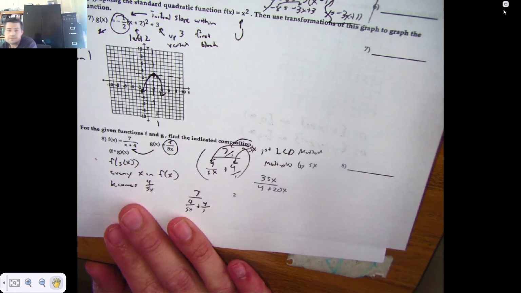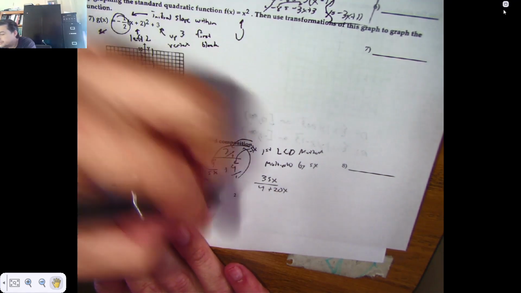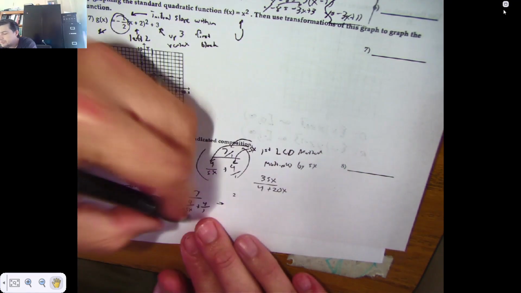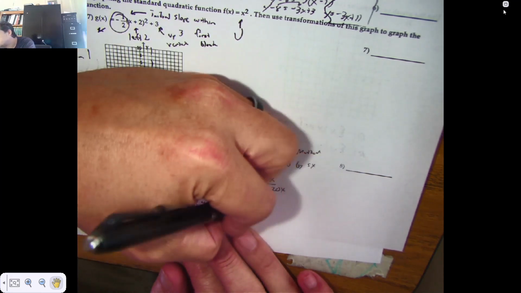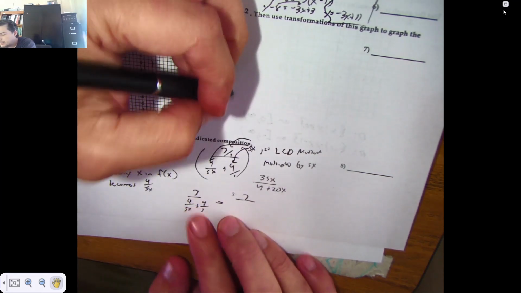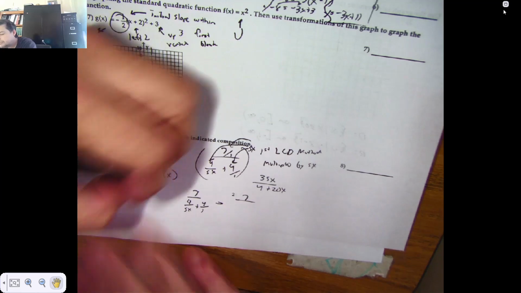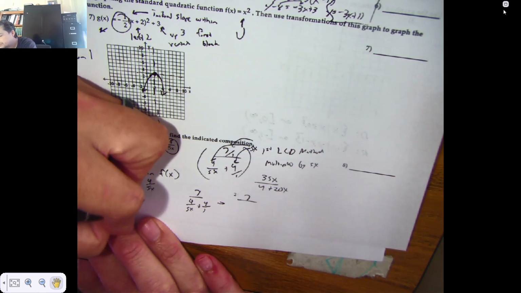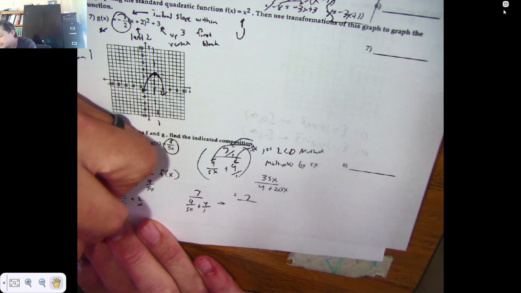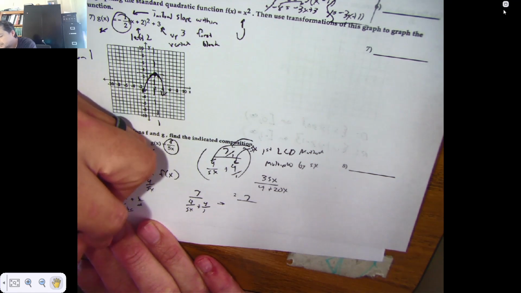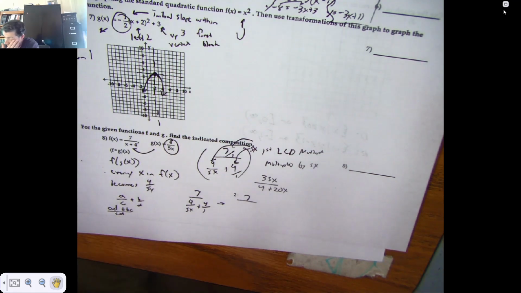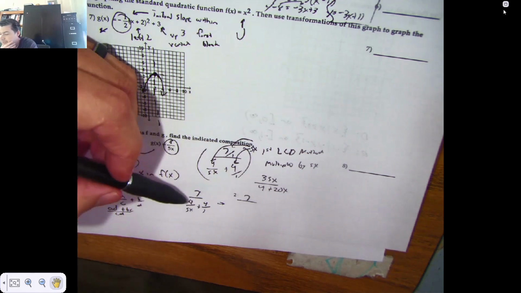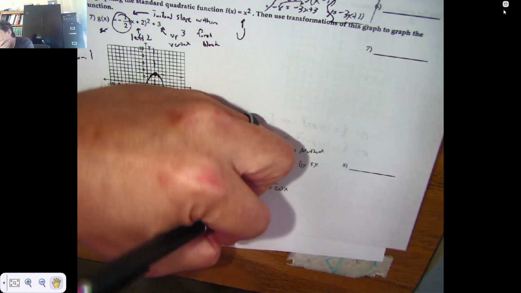It's more steps. It is. I'm going to combine these pieces down here. I don't know if you remember this or not, but A over C plus B over D is AD plus BC over CD, the common denominator. So I'm going to give this 4 a 1. 4 times 1 is 4.